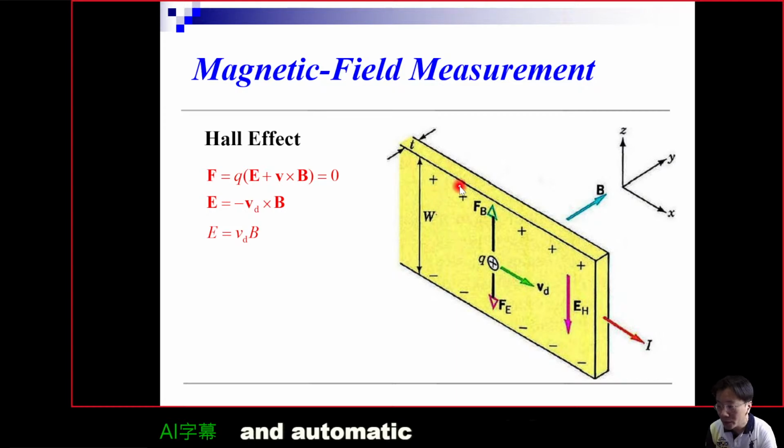So they will build an internal electric field here and stop the positive charge from continuing to the upside. Finally, they will become balanced because there is an internal electric field from top to bottom.